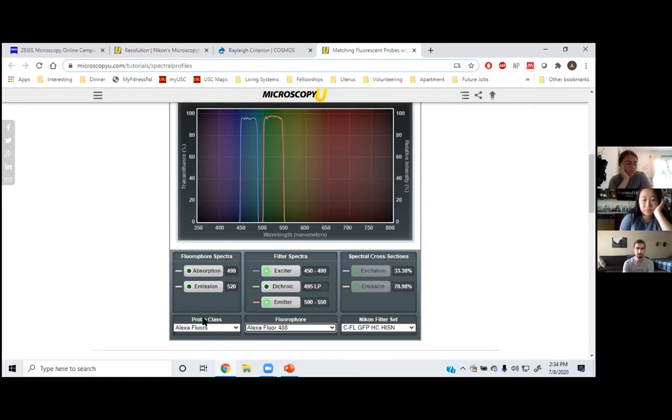Different probe classes have different ranges for excitation and emission, so you can select your fluorophore based on what you want to image. If I wanted to image multiple things, I wouldn't want multiple fluorophores that emit within this range, because then I wouldn't be able to tell the difference. So here with my samples, I used 3 different dyes.